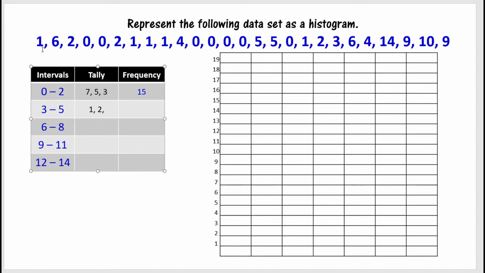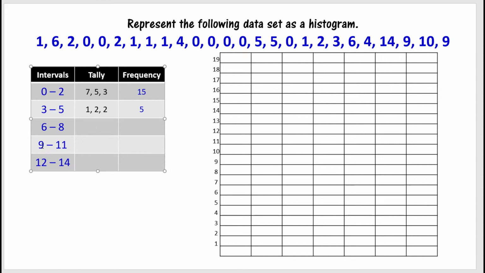And the number of 5s. 1, 2. 2 5s. So we will again add all of these up to determine our frequency, which would be 1 plus 2 plus 2 is 5. And we would keep going on with this pattern. We would count the number of 6s, the number of 7s, and the number of 8s, and we will put them here, add them up to get our frequency.